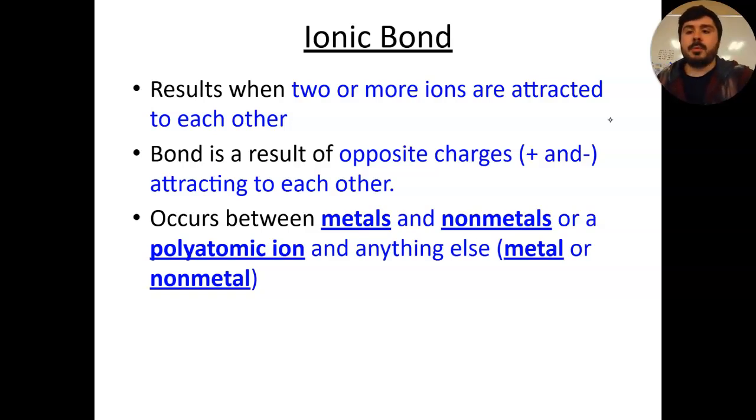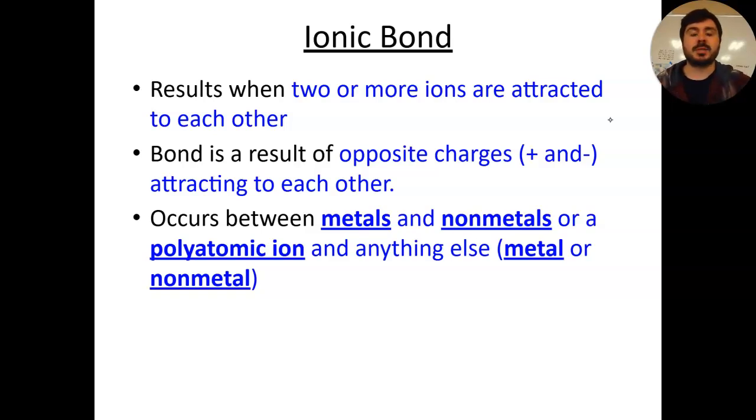All right, moving on. Ionic bonds result when two or more ions are attracted to each other. A bond is a result of opposite plus and minus charges attracting each other. And again, ionic bonds occur between metals and nonmetals, or a polyatomic ion, and really anything else.